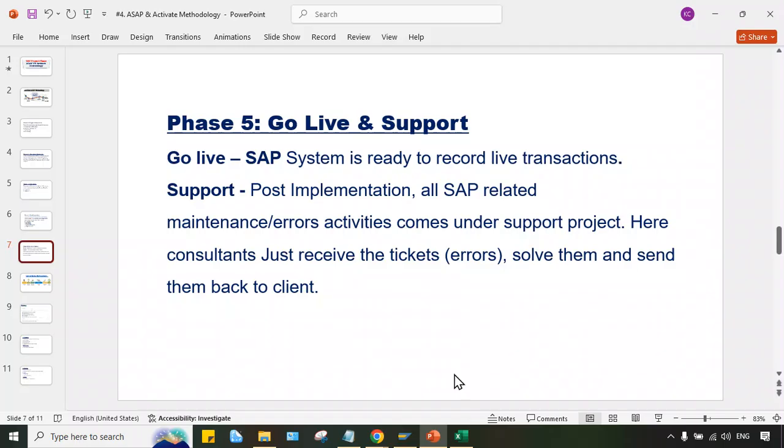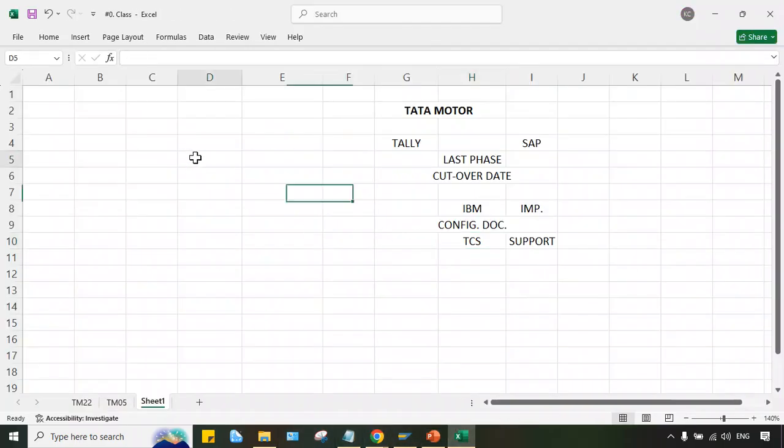Now, I told you guys two kinds of supports are there. Earlier, let's suppose in this Tata Motors implementation project, TCS also quoted a certain amount, and IBM quoted a certain amount.